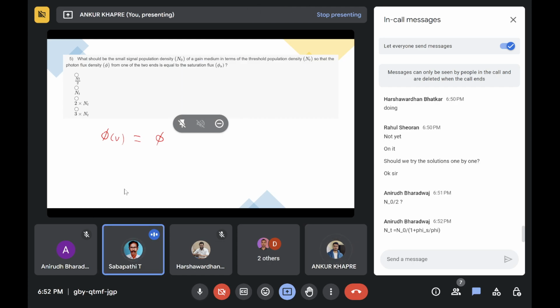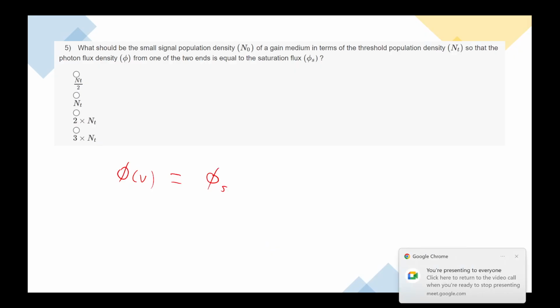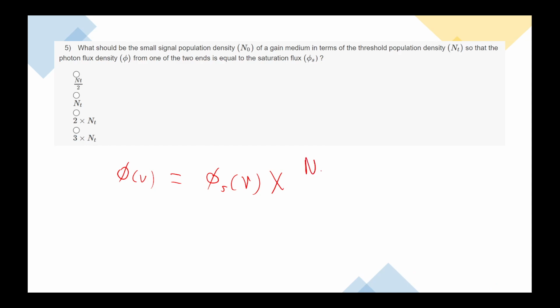Yes, you are correct. So I'll just write it in another way. See, phi is equal to phi s times n naught upon nt minus 1. This way also we can write this.